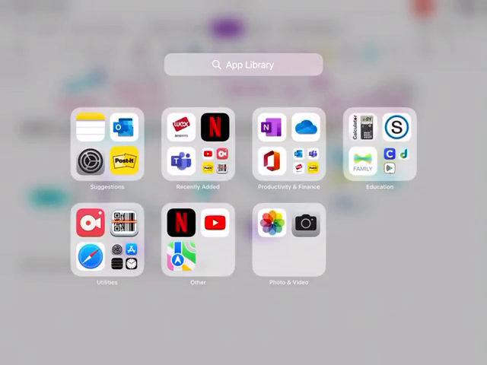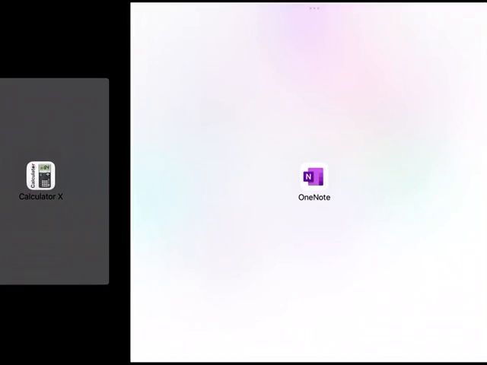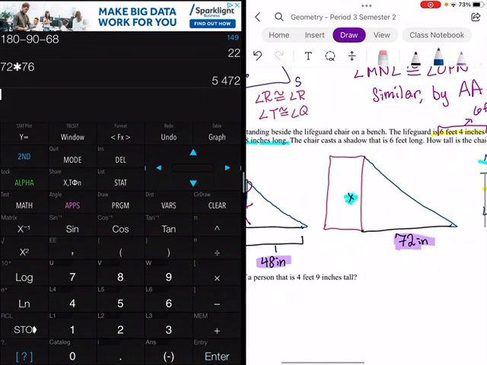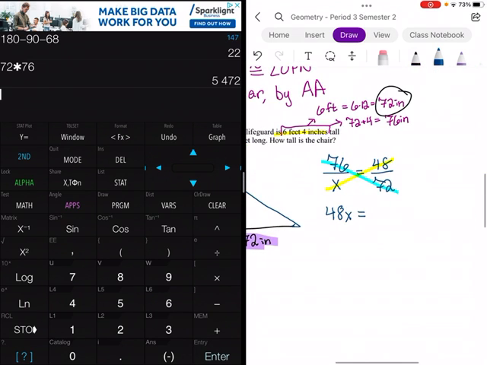Let's just pull up the calculator quick. 72 times 76, which equals 5,472. Then we would just divide both sides by 48 to get x equals 114.